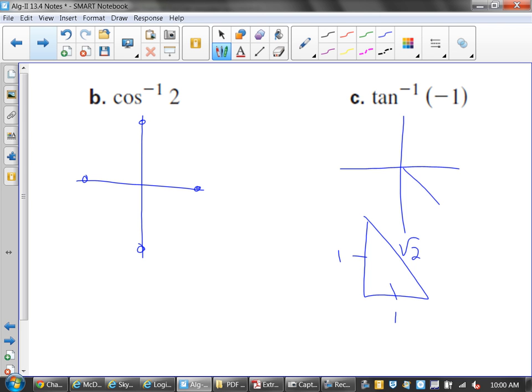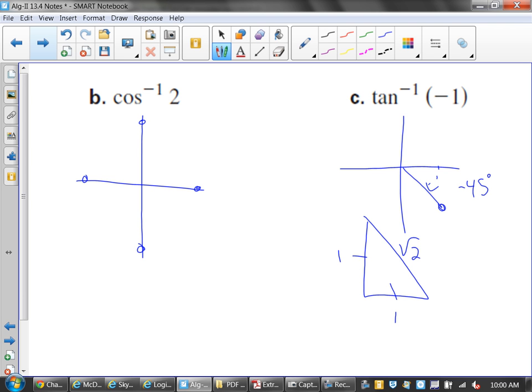So what's the degree measure there? Negative 45 degrees, or negative pi over 4. Because this one's down in here, we're going downward.